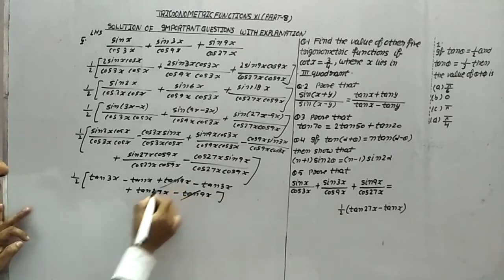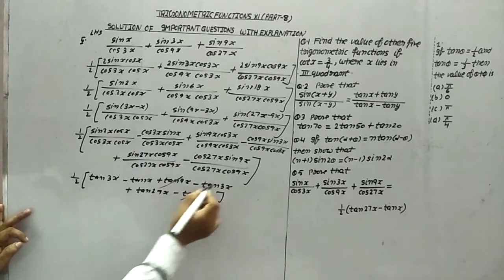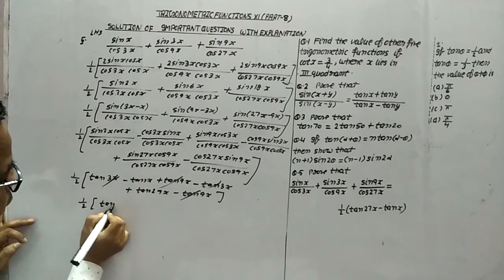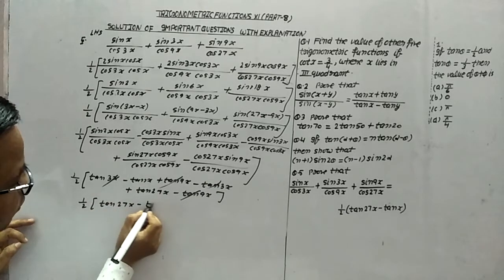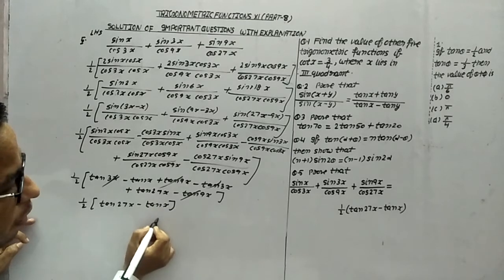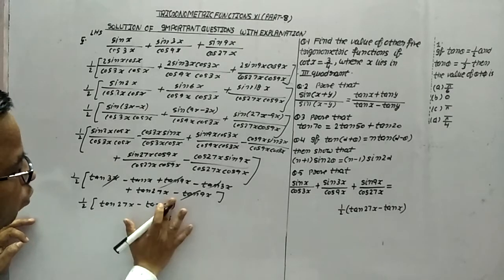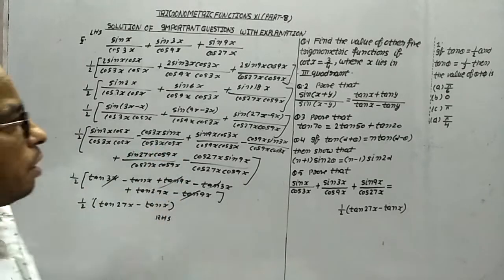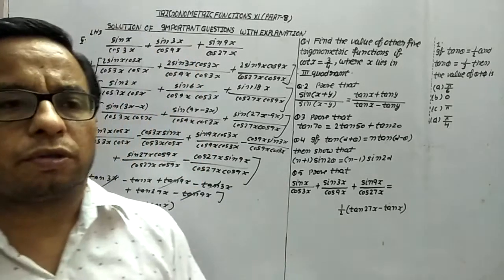Tan 9x cancels out, then tan 3x cancels out. It means this is 1 upon 2 (tan 27x minus tan x), which is the right hand side. So this is the way to do this type of very important question, in which we require some technique also.